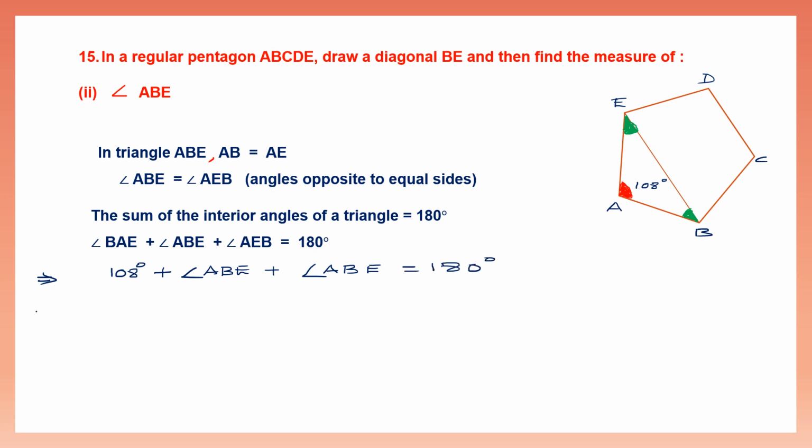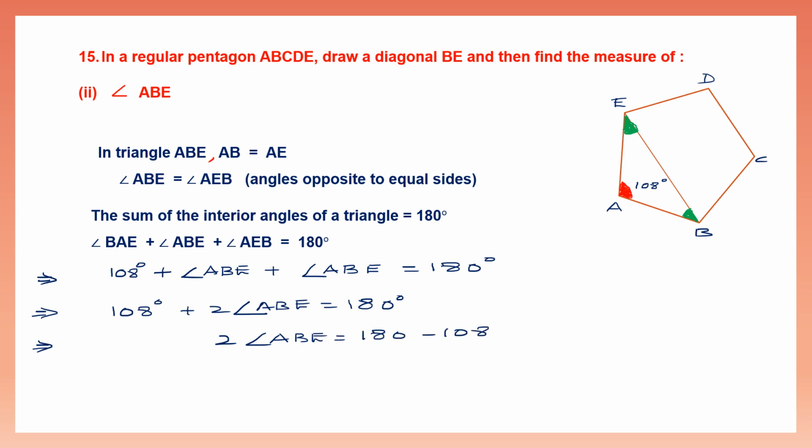So now I can write this as 108 degrees plus 2 of angle ABE equals 180 degrees. How did I get 2? Here I have 1 and I have one more here. So to find 2 of angle ABE, I can say 180 minus 108.